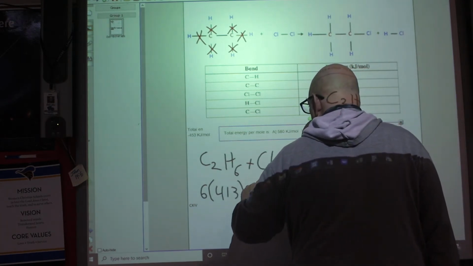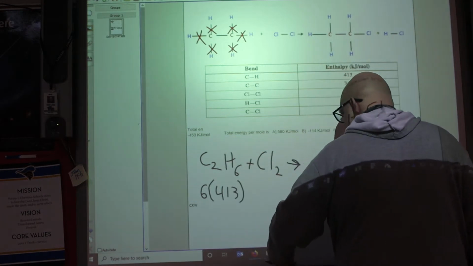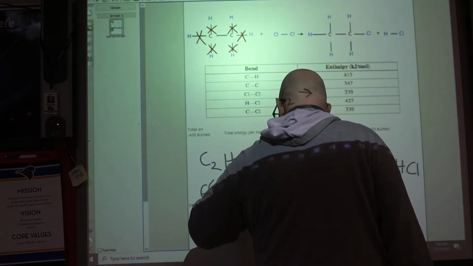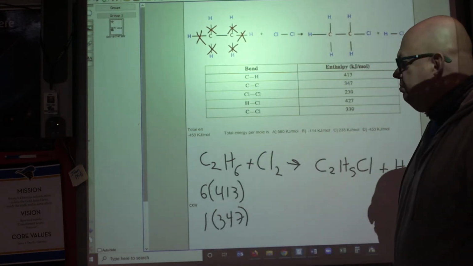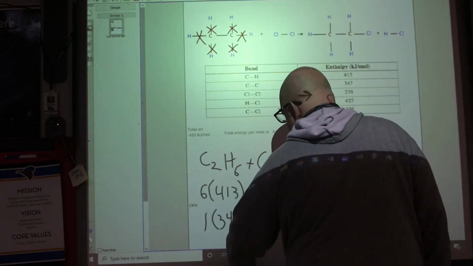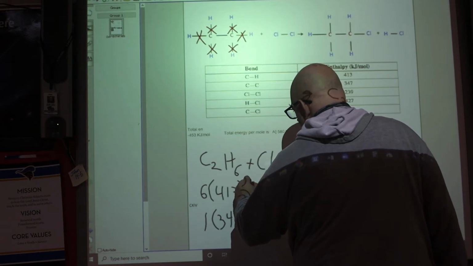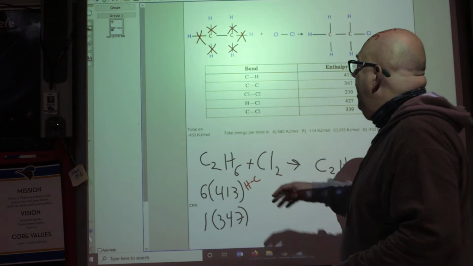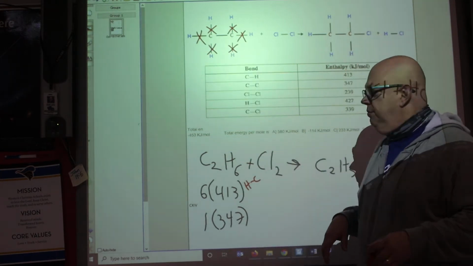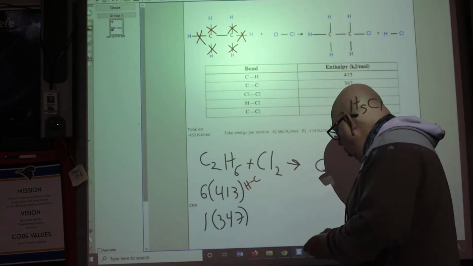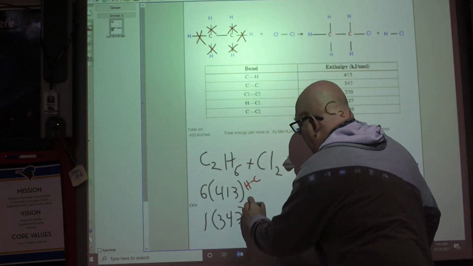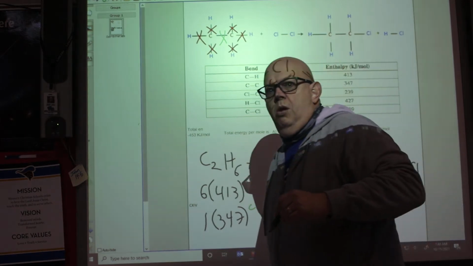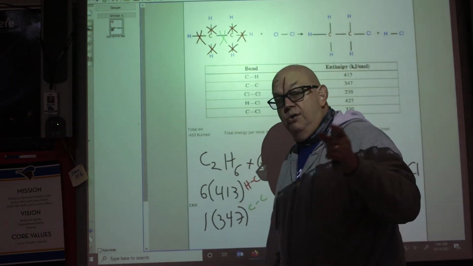We'll have only one of those incidents, only one, with 347 kilojoules per mole. This is looking at the hydrogen-carbon connection, and there's 6 of them because we counted. Then there's only one incident of carbon-carbon, and that's right up here. Okay? So far, so good?